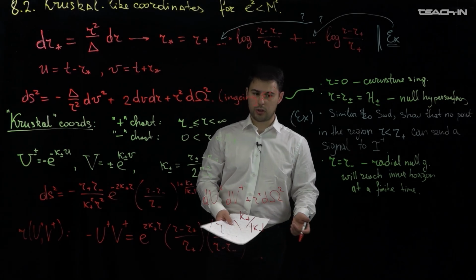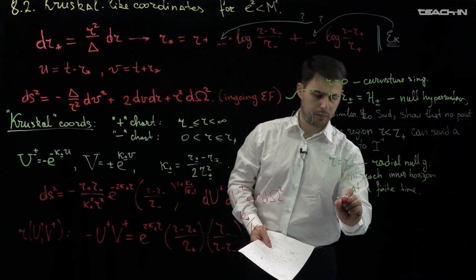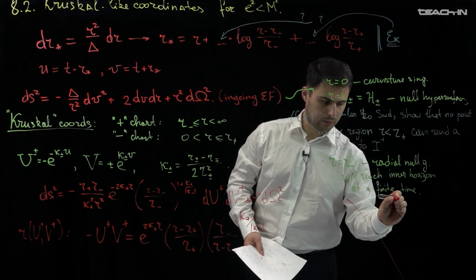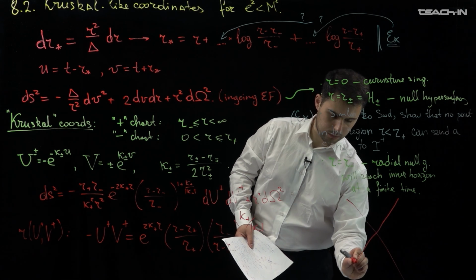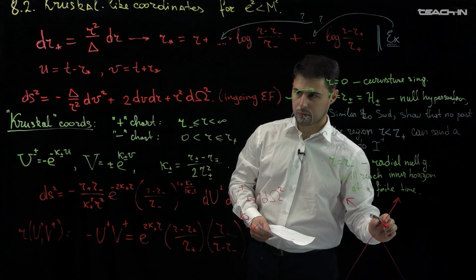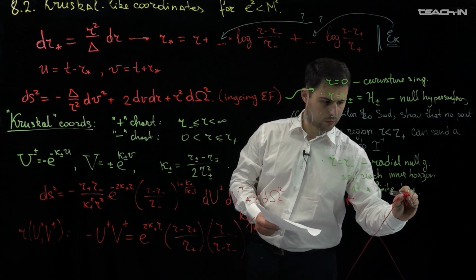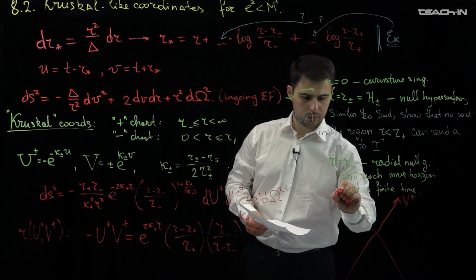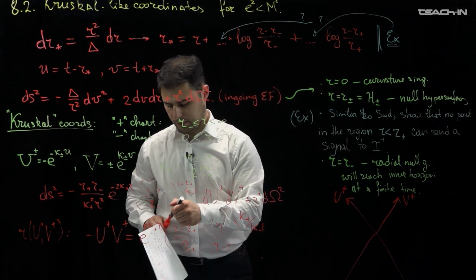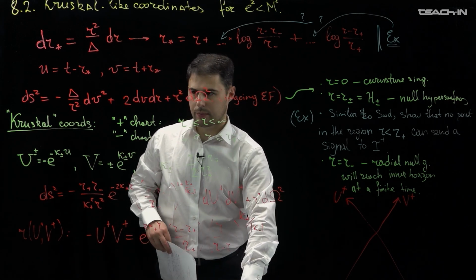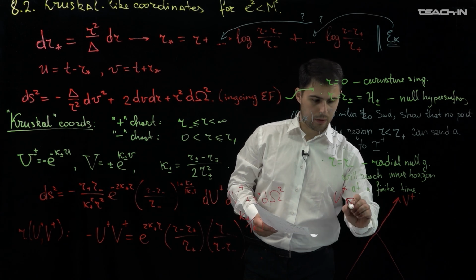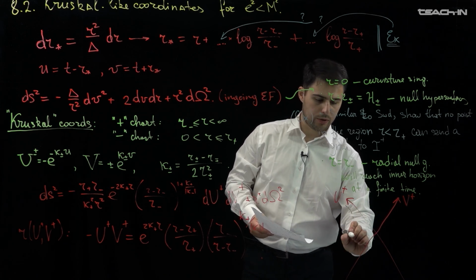So this chart naturally gives us the Kruskal-like diagram. So we naturally have this surface.